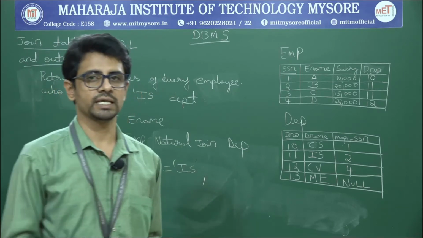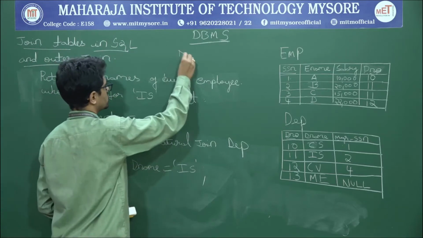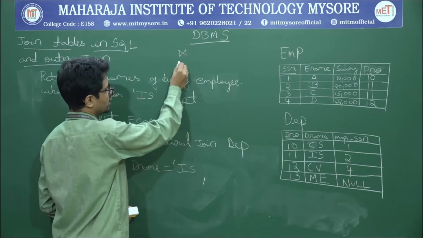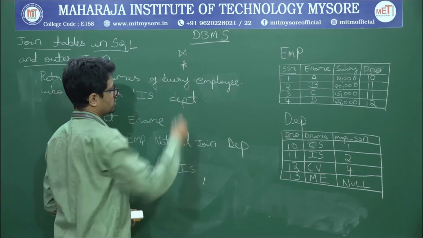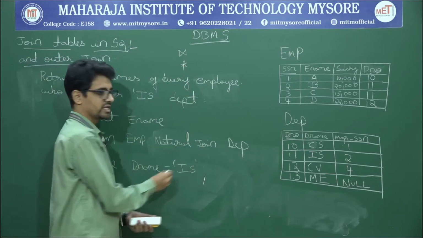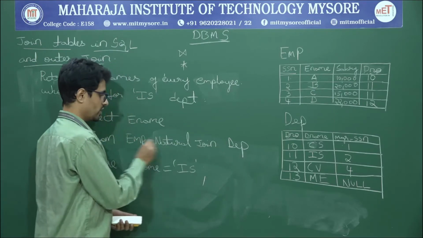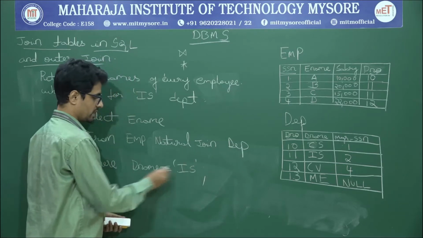Okay, you might have seen this in relational algebra. In relational algebra we used one symbol for equi-join, and in case of natural join we were using this asterisk. The same way we need to use the natural join keyword between the two different relations: employee natural join department where department name equal to IS.